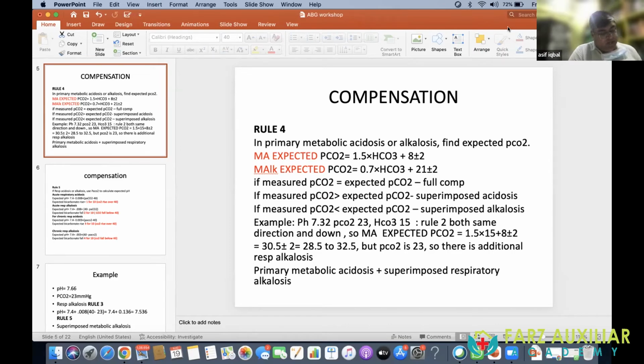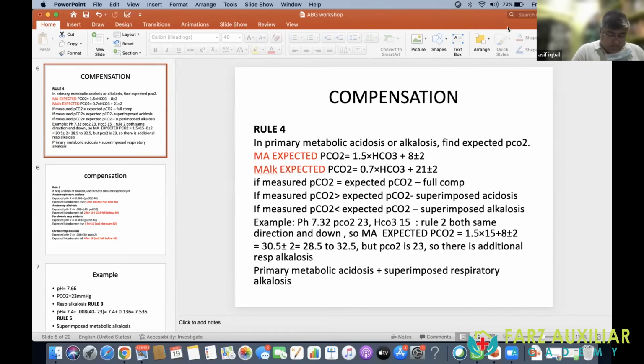Is there any role to measure urinary chloride in metabolic alkalosis? Yes, the chloride responsive and unresponsive. Yes, very good. So chloride responsive or unresponsive. So what should the urinary chloride level be? Sir, around 20.